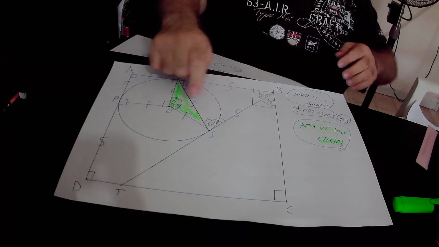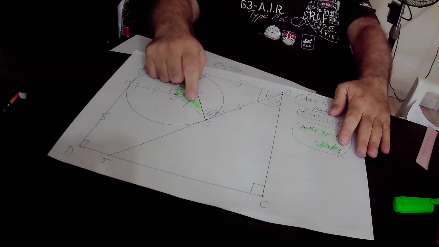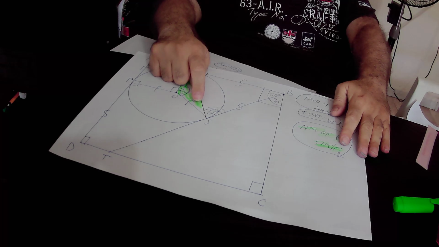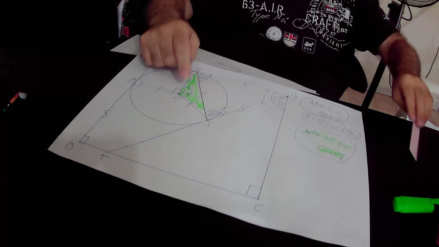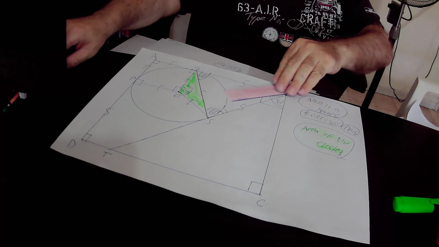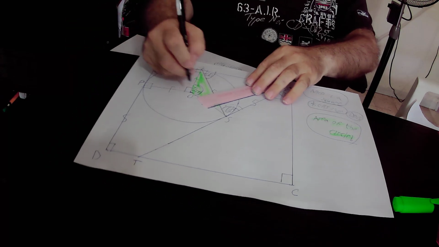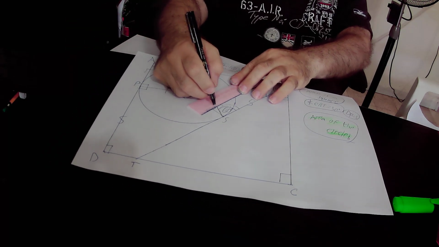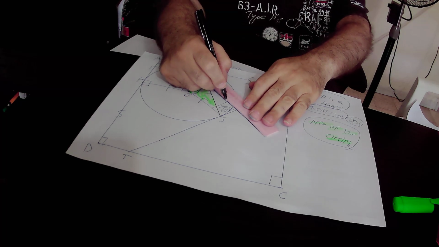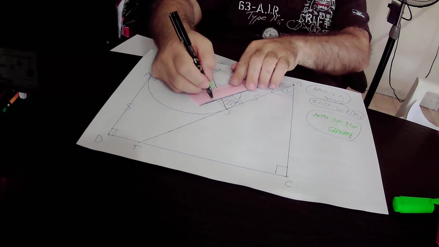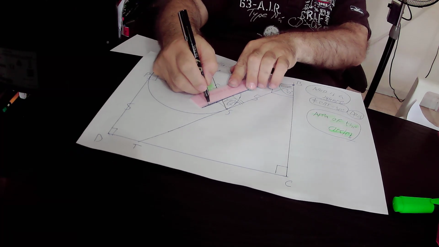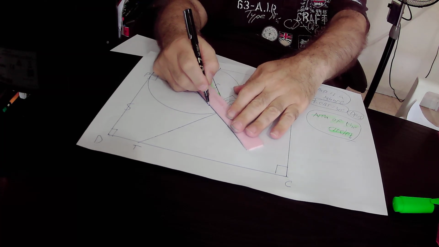We have the radius OS that is drawn to the point of tangency. Therefore, according to rule number 1, this angle equals 90 degrees, and this angle is also equal to 90 degrees.